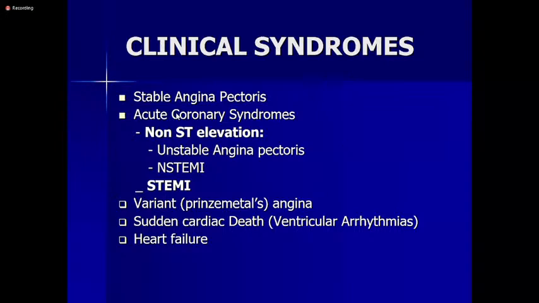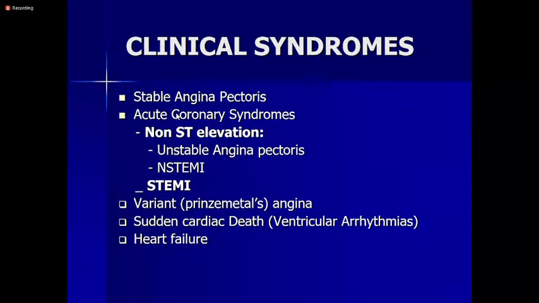Then there are other ischemic syndromes. There's something we call variant angina, which occurs due to coronary vasospasm. We'll talk about it briefly at the end. Then ischemic heart disease can present for the very first time as sudden cardiac death, which is ventricular arrhythmias.